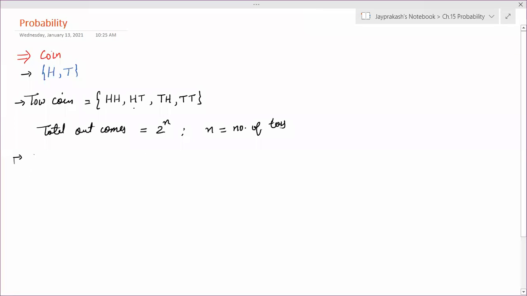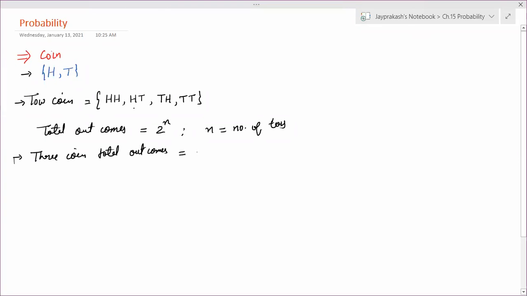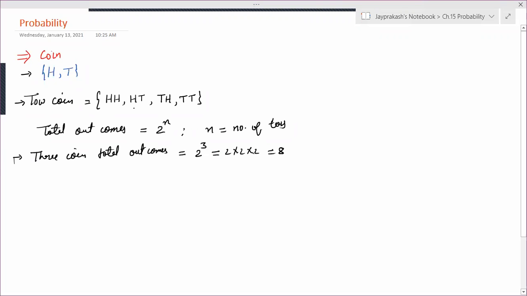So when we are tossing three coins, total outcomes is equal to 2 raised to 3. Why 3? Because we are tossing three coins. So 2 raised to 3 will be 2 into 2 into 2, that is 8. So there are 8 possible outcomes in the case of three coins.